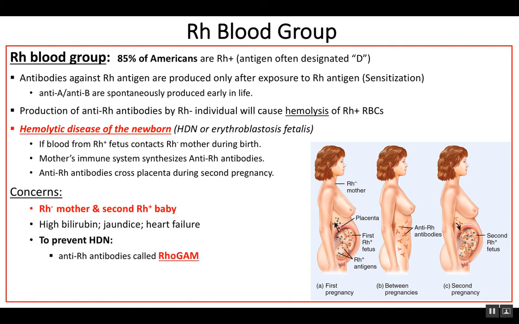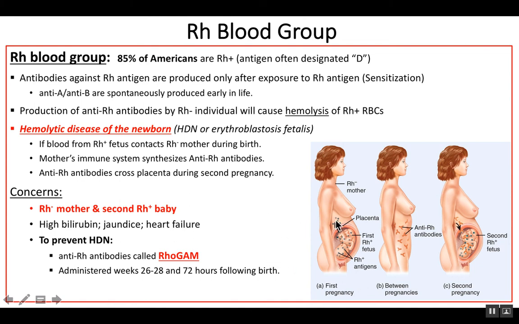In order to prevent this, there is a drug called RhoGAM. RhoGAM is actually an antibody. It's an anti-Rh antibody, and it's used to mask these antigens that have leaked into the mother during that first pregnancy. RhoGAM is given usually somewhere around the 26th to 28th week of pregnancy, that first pregnancy, and then shortly after birth of that baby.